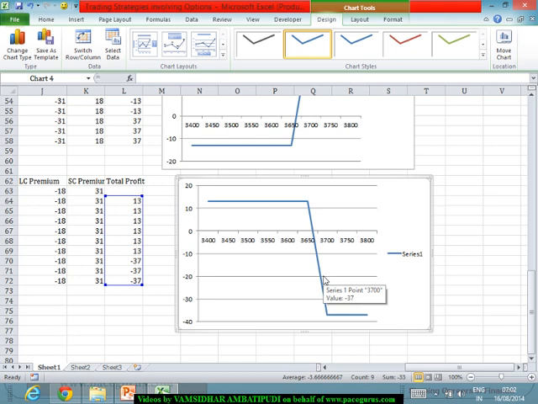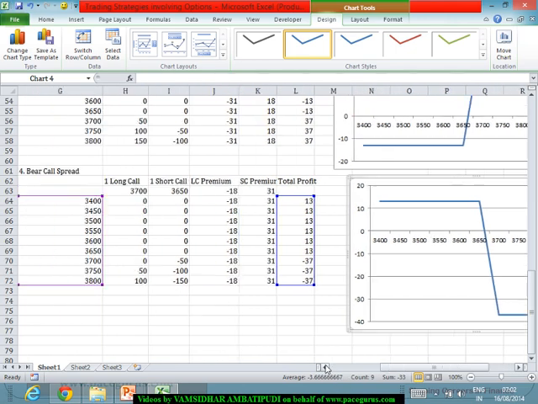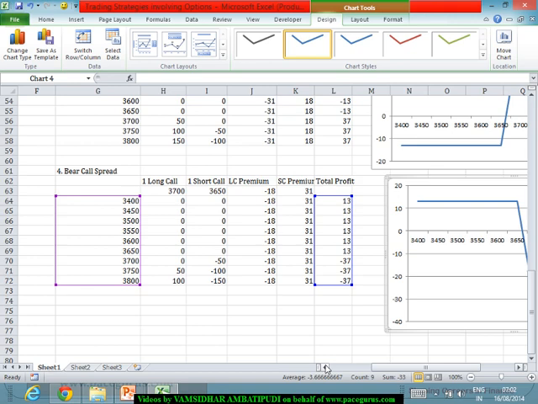Right. So here, because we have purchased a call whose strike price is more, the cost involved in purchasing a high strike price call is lesser than the cost involved in a low strike price call. So I've shorted a low strike price, I've purchased a high strike price.